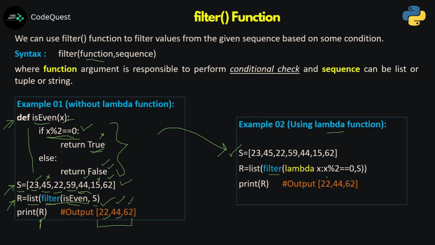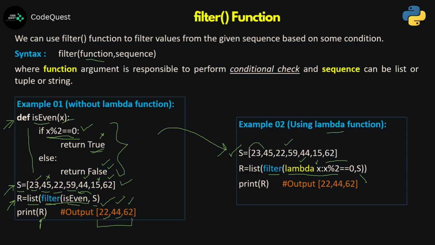Rather, I'm writing a lambda function. And we know we normally write a lambda function like lambda, then the argument list, a colon, followed by some expression. Now S is nothing but the list which we have taken.